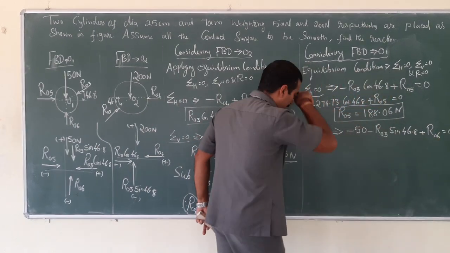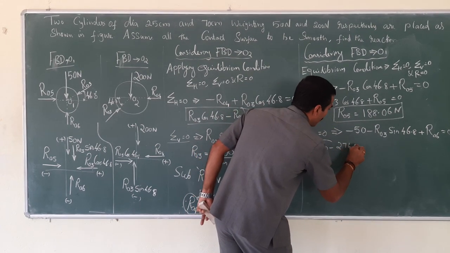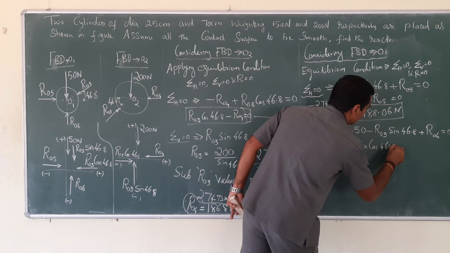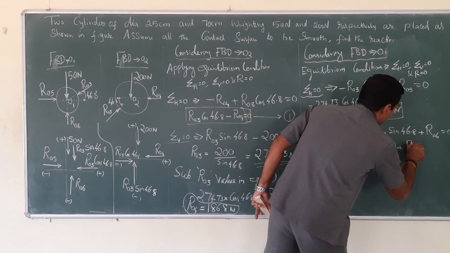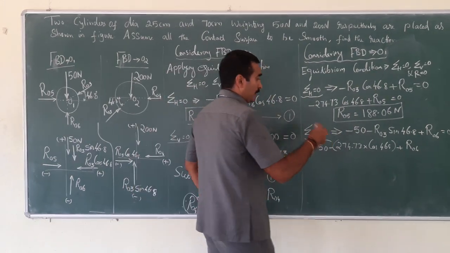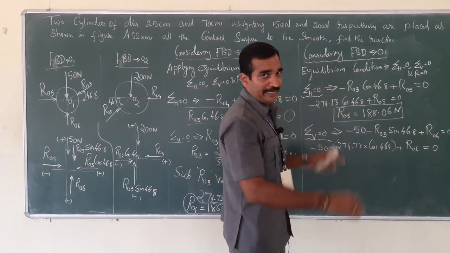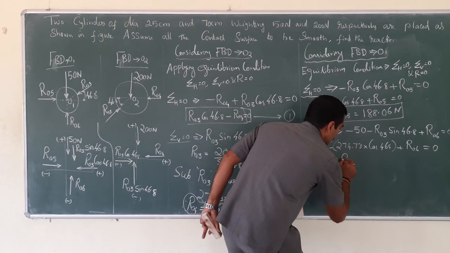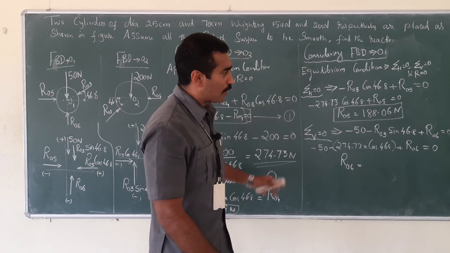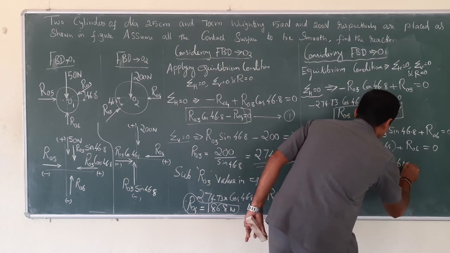So that means minus 50 minus 274.73 into cos 46.8 plus RO6. Let me bring this value to the right hand side. So both will have negative, negative, and negative, negative get cancelled. If you calculate using your calculator, you will get the RO6 value as 250.26 Newton.